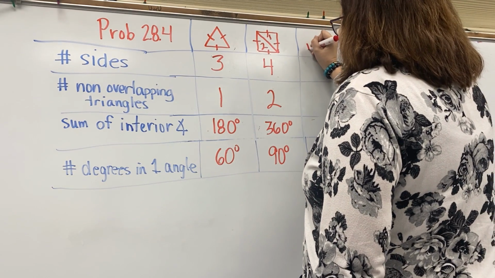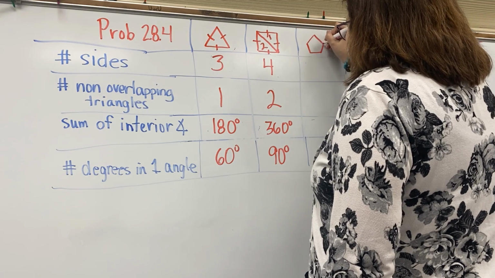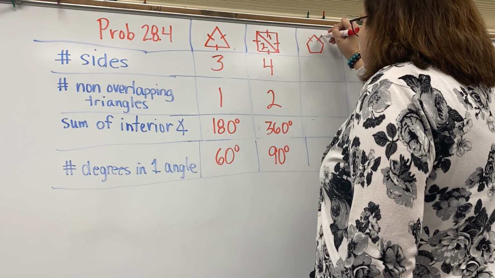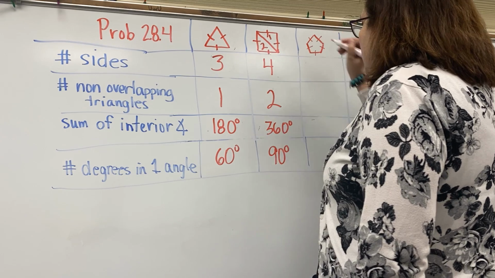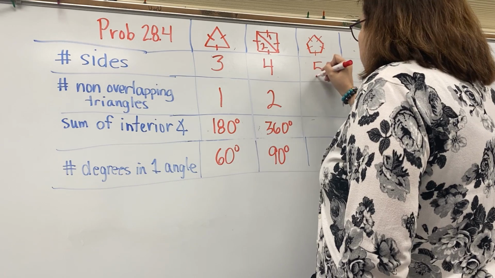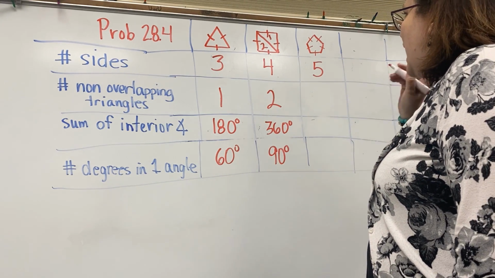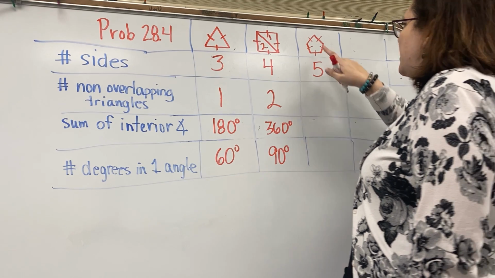How about the next one? Again, we're talking about regular polygons. So all the sides here are congruent. 5 sides, that's called a pentagon. How many non-overlapping triangles?